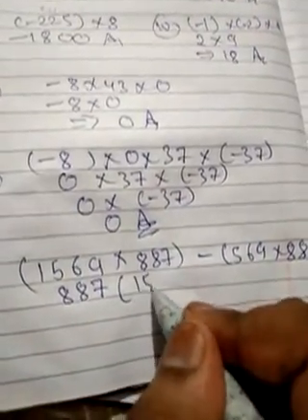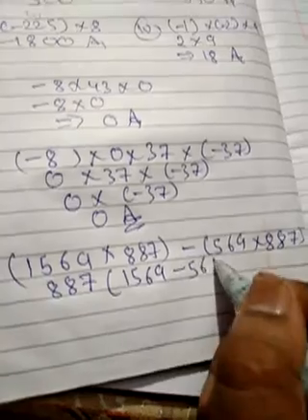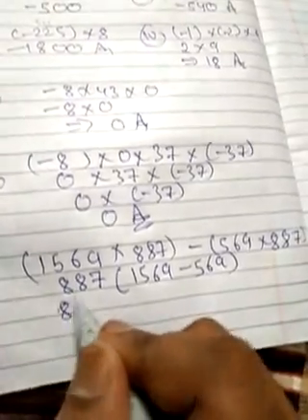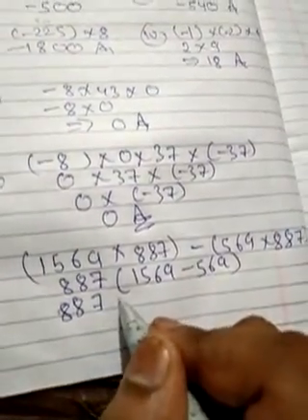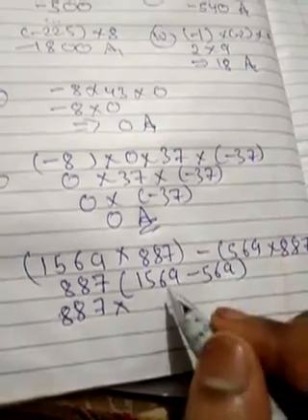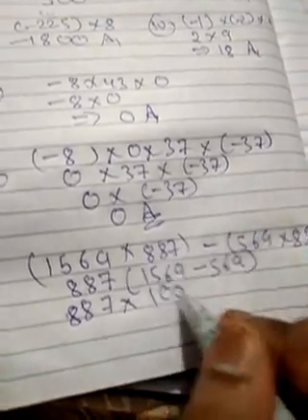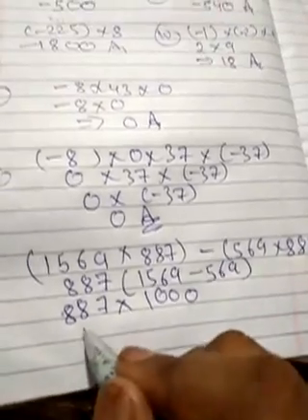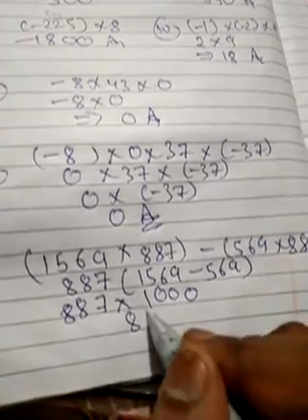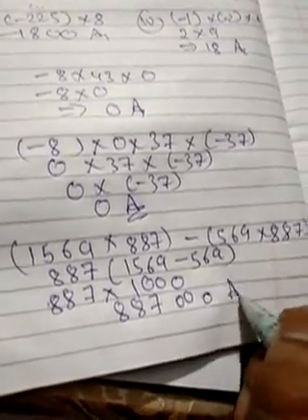Here, it will become 1569 minus 569, into 887. Now, when you subtract 569 from 1569, we will get 1000. Now, on multiplying, we will get 887000. That is our answer.